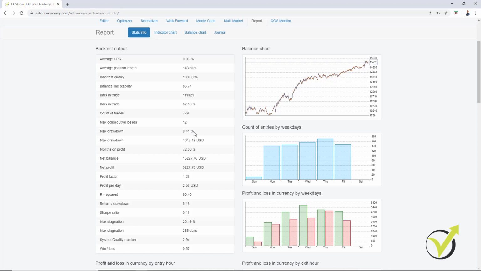My minimum is 20% and this is double less, which is great for such a long period of time. I am testing this strategy since 2014, and in numbers this is $1,013 of a drawdown.